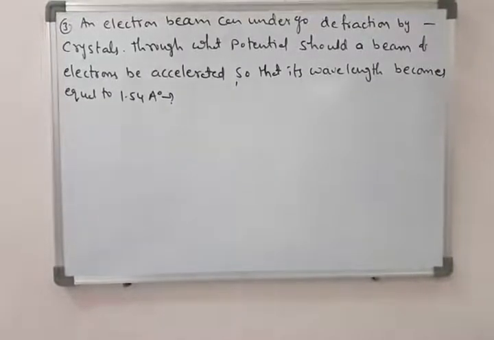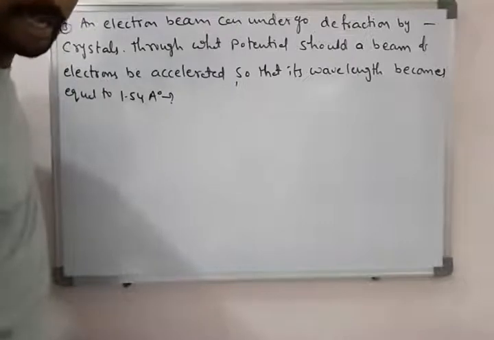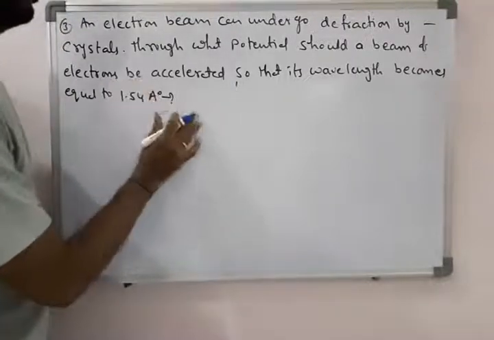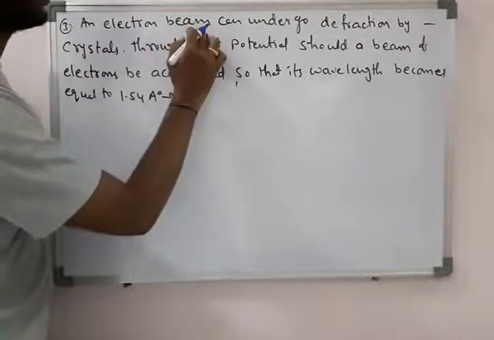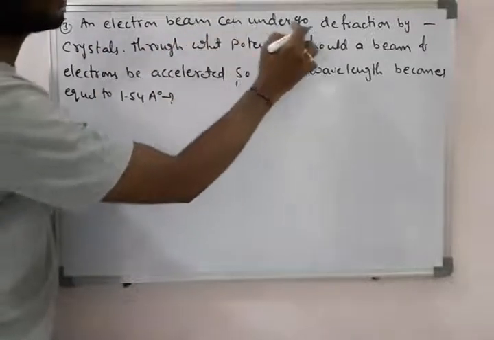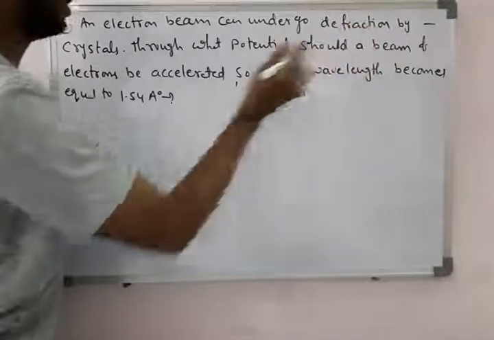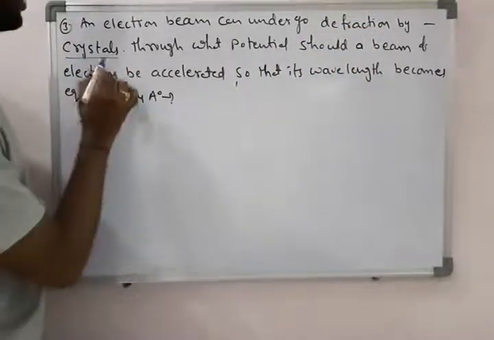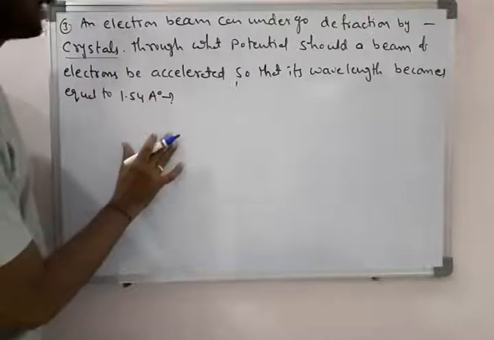Here, and another important model. An electron beam can undergo diffraction by crystals, meaning the crystal diffracts the electron beams.